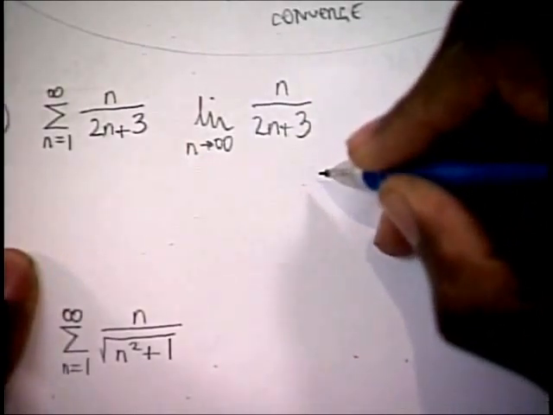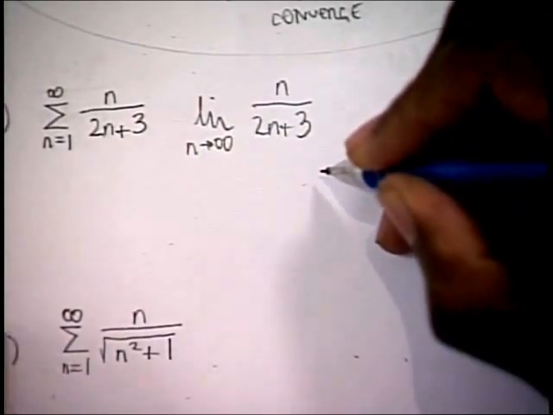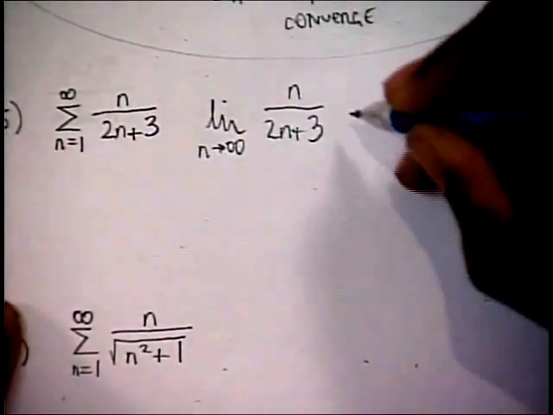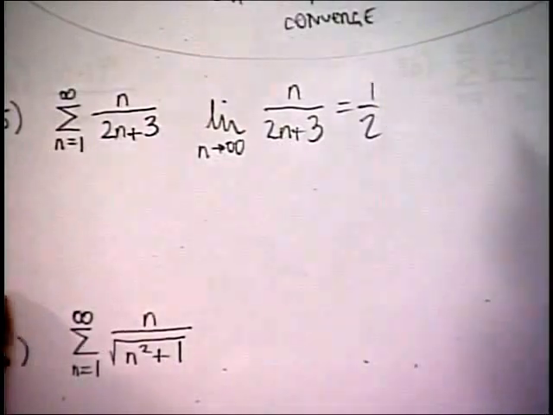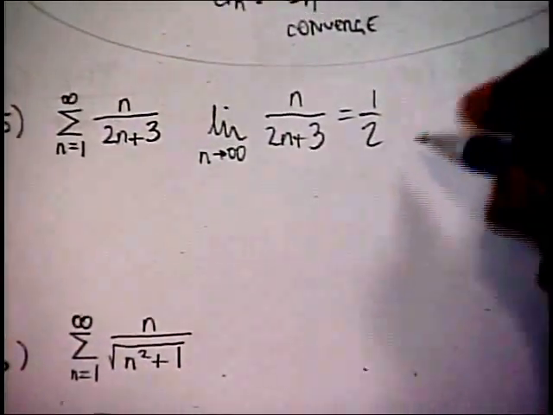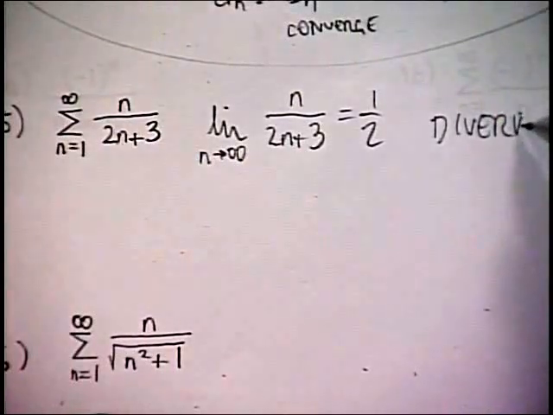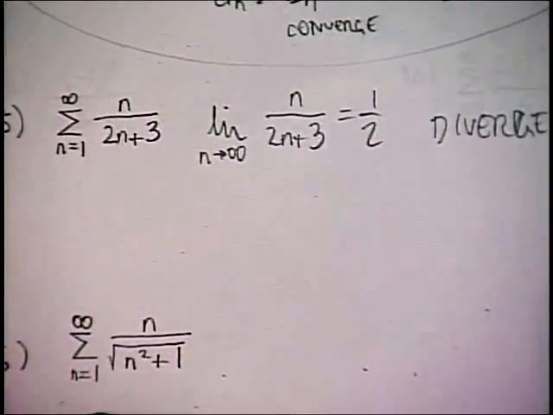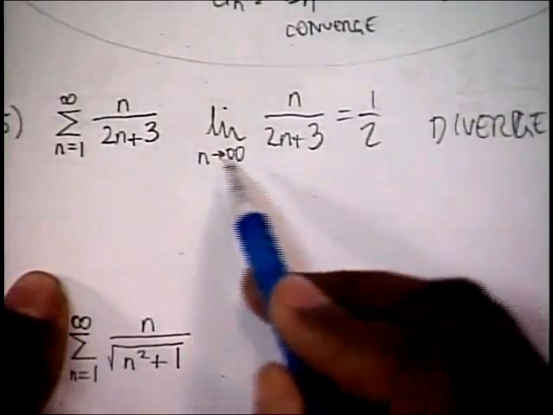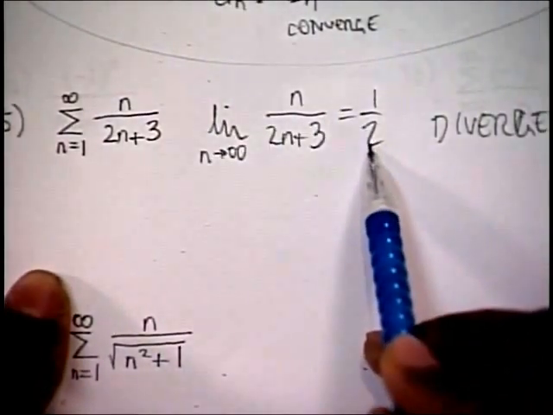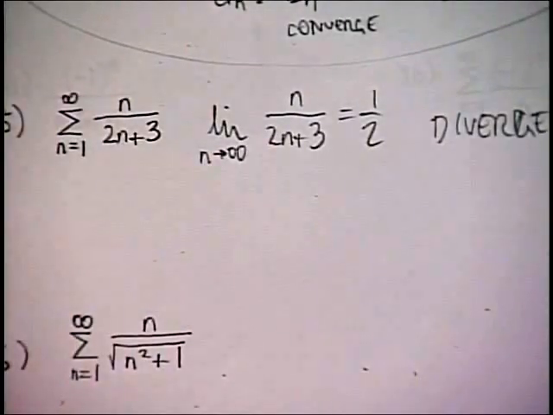And if the limit is half, that's a giveaway that this series has to diverge, because the only possibility of a series converging is if the limit of the terms is 0. So you should know that. So here, this diverges. That one's not too bad.